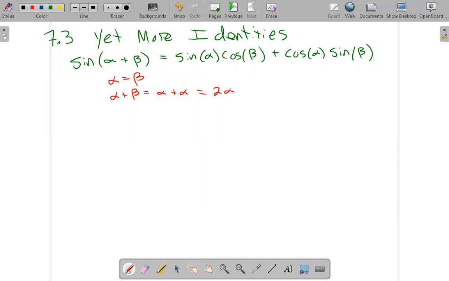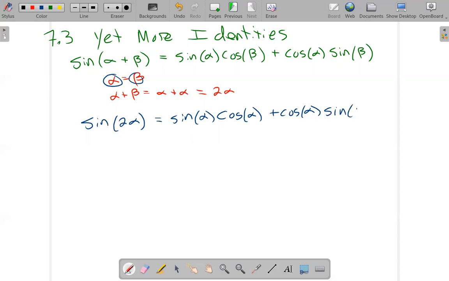And if I apply that here, then I get on the left side, the sine of 2 alpha is equal to, alpha is beta, so we're just going to replace the betas with alphas. So that's going to give me the sine of alpha cosine of alpha, plus cosine of alpha sine of alpha.